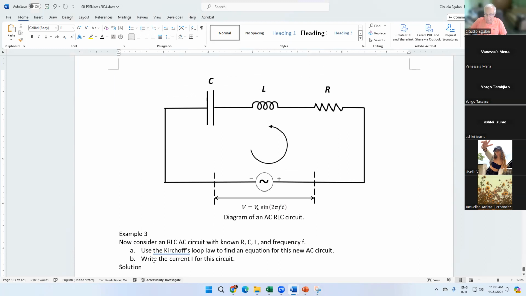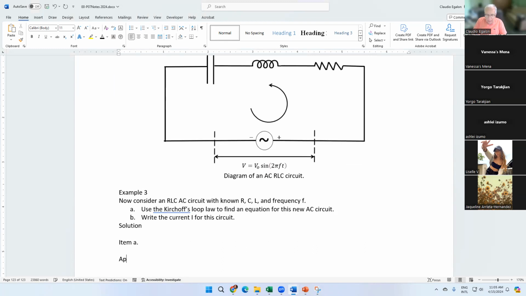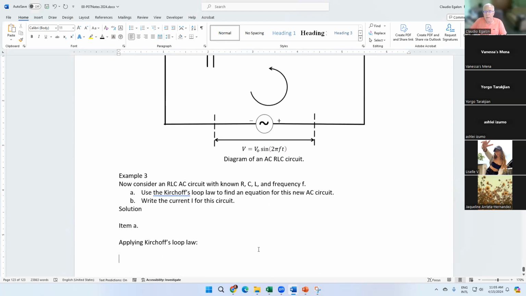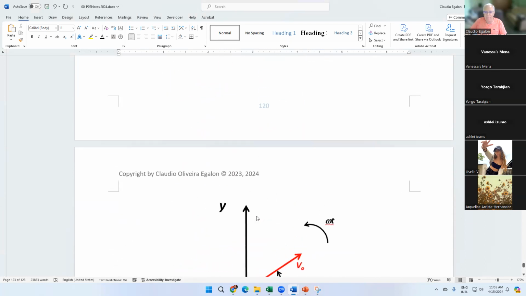And item A, applying Kirchhoff's loop law. So I need to copy everything that I did before.